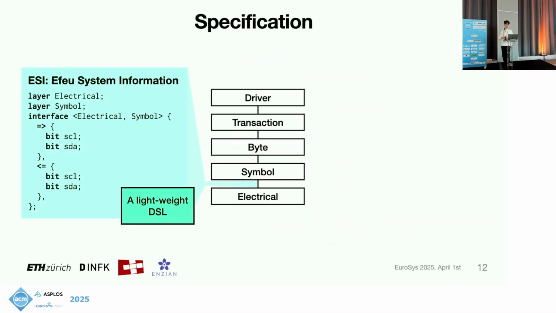To be more specific, Efeu uses a top-down approach. First, we specify layers and their interaction using a very lightweight domain-specific language, ESI. Here we show an example of the electrical layer, which is the two wires, and the symbol layer, which encodes the 4 symbols. The interface between them is pretty simple. It's just the electrical level on those 2 wires.